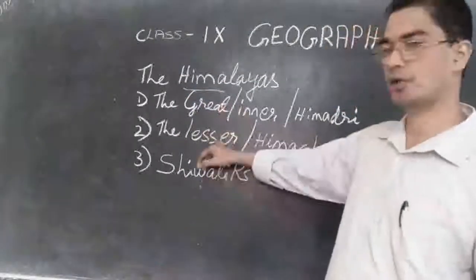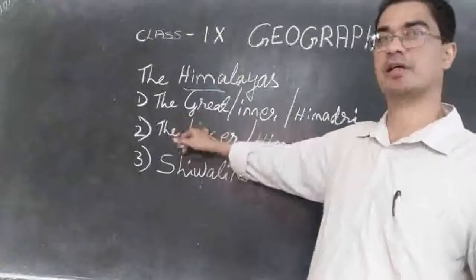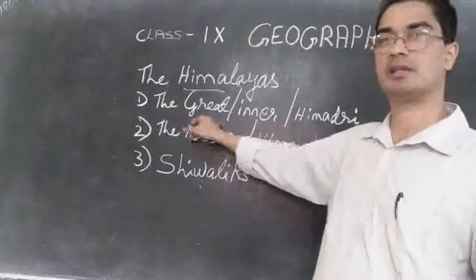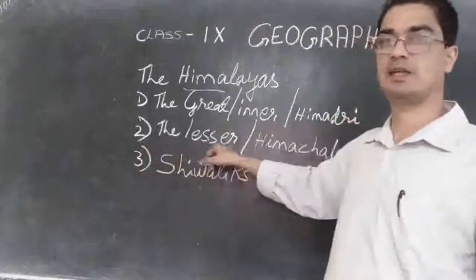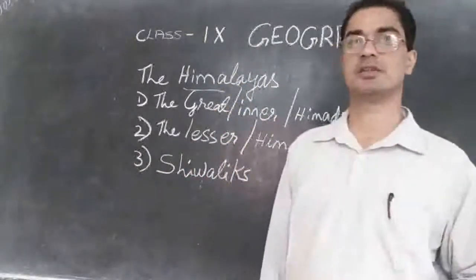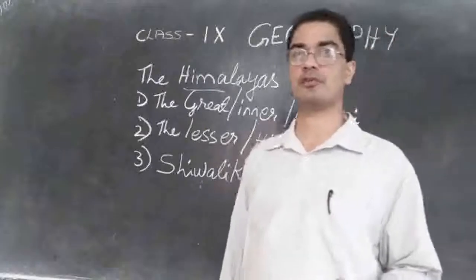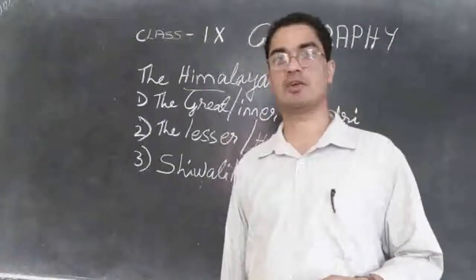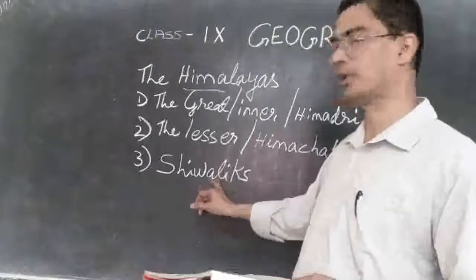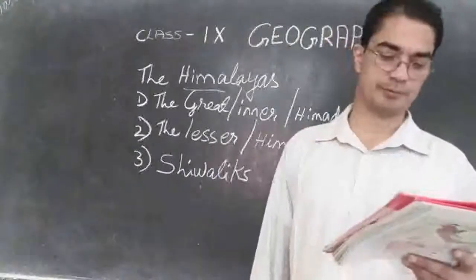So above them there are two other tall ranges. The northernmost, the greater Himalaya is there, below that is the lesser Himalaya. So from there a lot of rivers flow down and they bring down a lot of sediments, and that is how this Shivalik is formed.